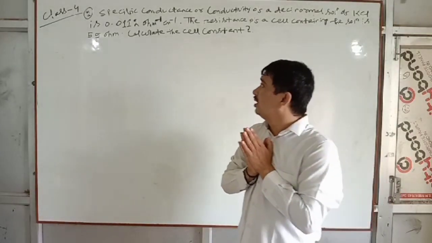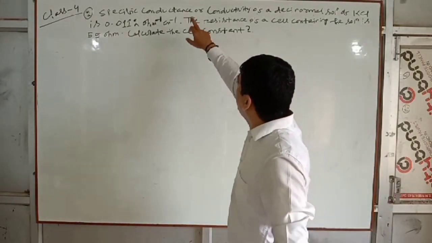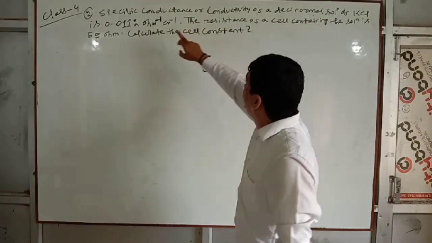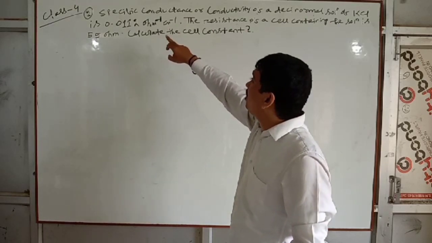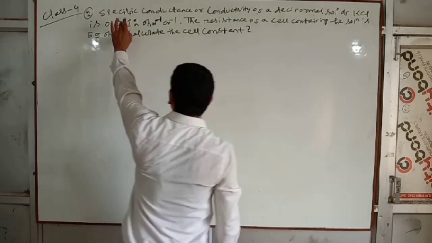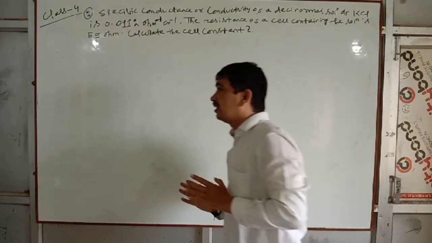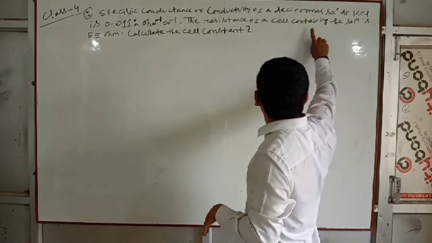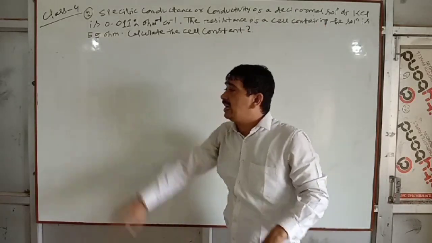Look at this. The question is given: the specific conductance or conductivity of a decinormal solution of KCl is 0.0112 ohm inverse centimeter inverse. The specific conductance kappa value is given. The resistance of a cell containing the solution is 55 ohm.